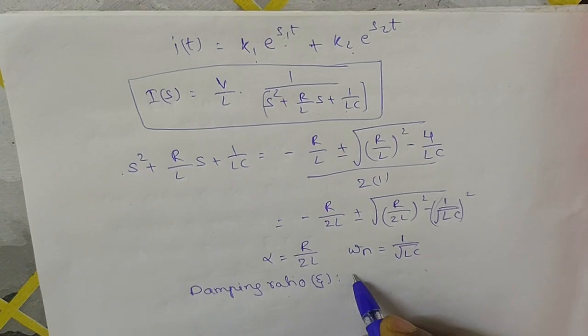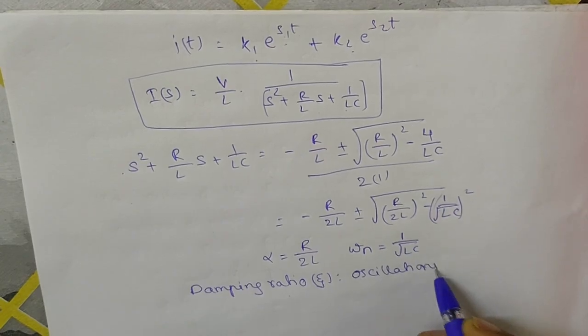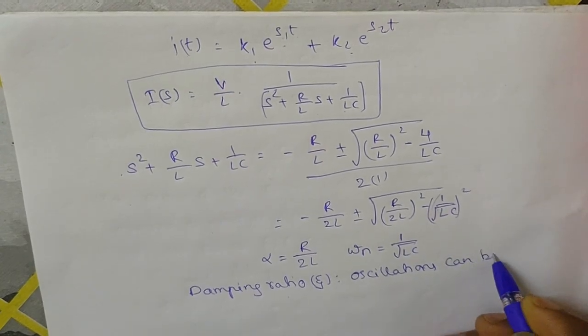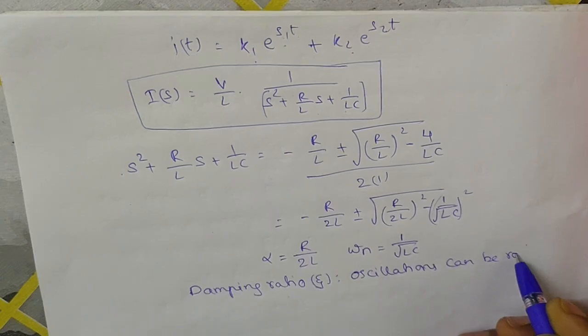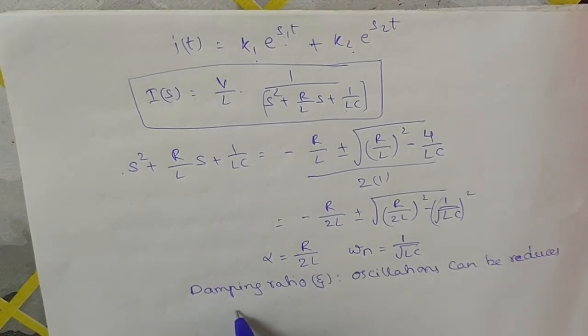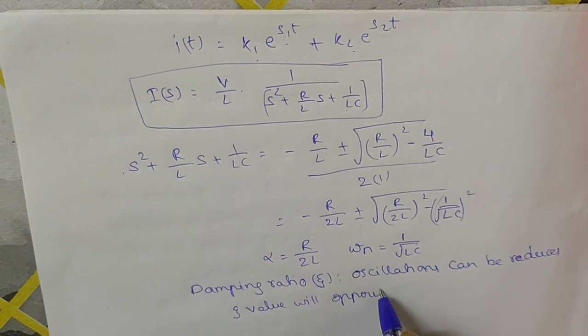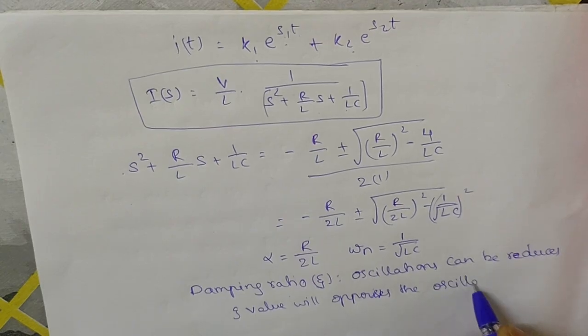If you increase this zeta value, the oscillations will be reduced. The zeta value opposes the oscillations in the response.